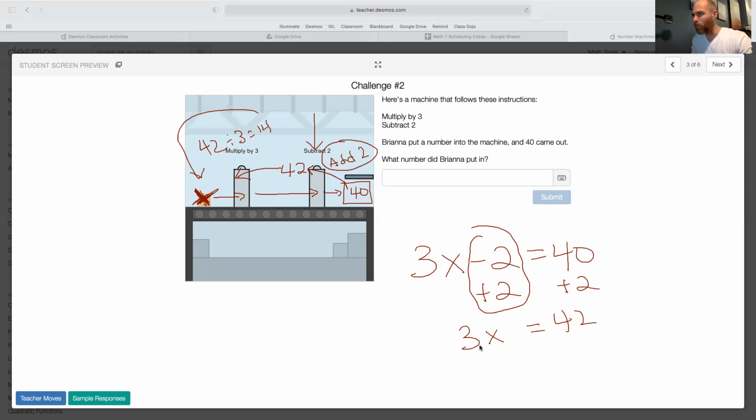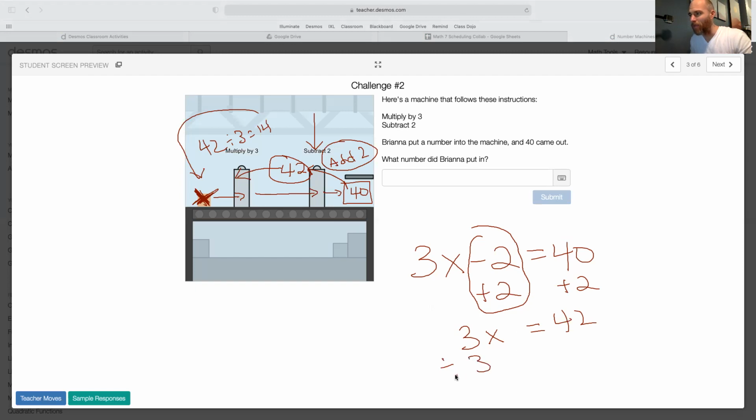So what this says is 3 times our unknown number equals 42. That's exactly where we were at this part of the number machine. We knew it had to be a 42 that came out of that first step, which is multiplying by 3. And so to undo it, we divided by 3 to get our input number. And that's exactly what you should do here in this equation too.